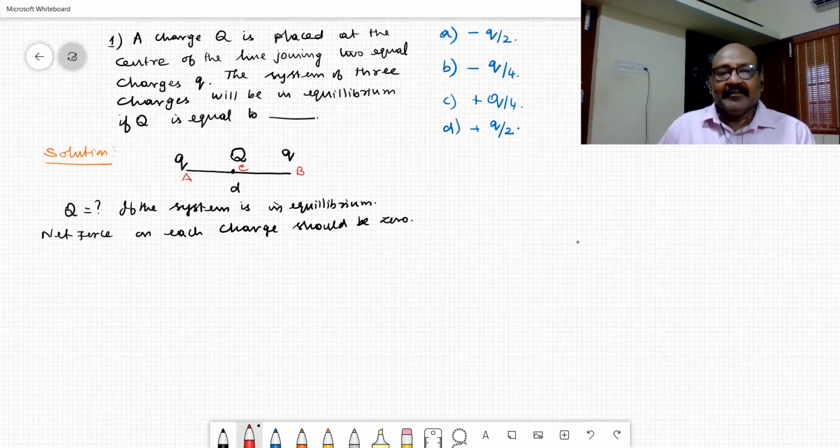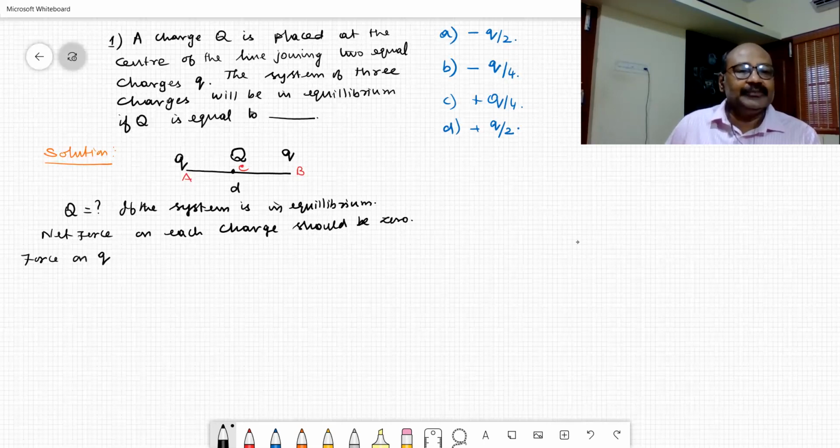I am calculating the total force that is acting on the charge q placed at A due to the other two charges, that is the charge placed at B and the charge placed at C. First, I am calculating the force on the charge q kept at A due to the charge q at B. Let us consider that force as F1.